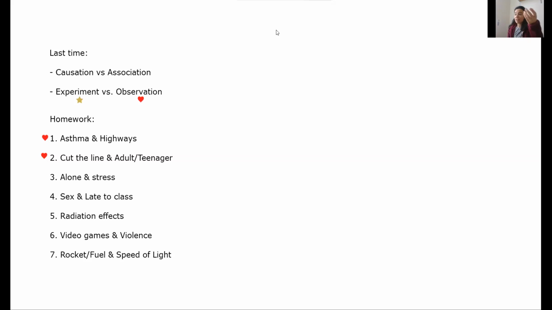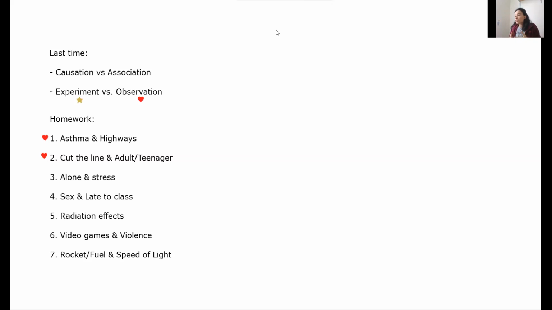What you are doing is taking people that already have these characteristics and then separating them. By having people that are adults or teenagers and measuring their differences, you are observing the differences that they have, but you can't necessarily say that the difference in the reaction is caused by the difference in ages. Maybe the fact that they have different ages comes with another array of differences between these two populations.